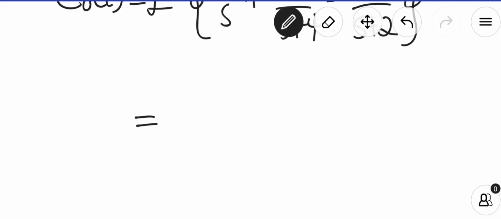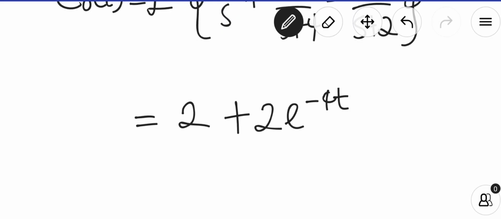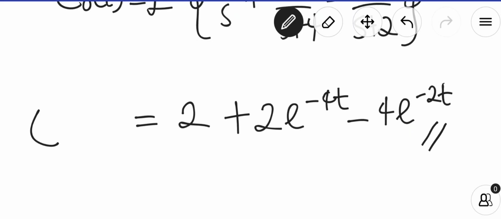So now the inverse Laplace transform of this is 2 plus 2 exponential minus 4t minus 4 exponential minus 2t. So this is the solution to this question. This is C naught of t for a system that is subjected to 2 unit input.